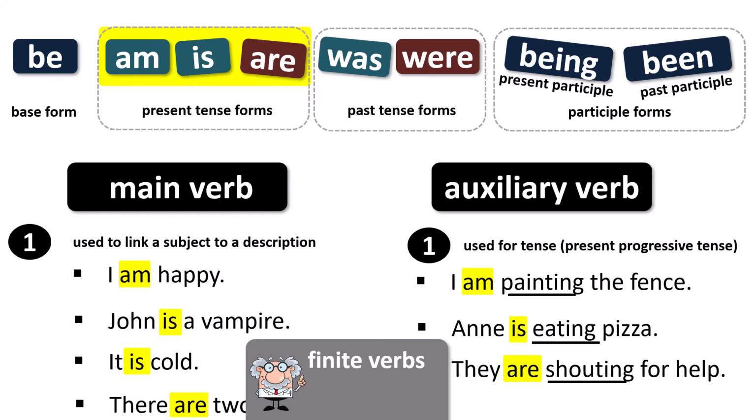And in the right-hand column, the finite verbs are not the main verbs. A finite verb is one that tells us the tense. The main verb is the one that tells us the meaning. Okay, let's keep going.